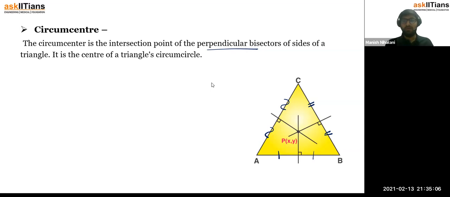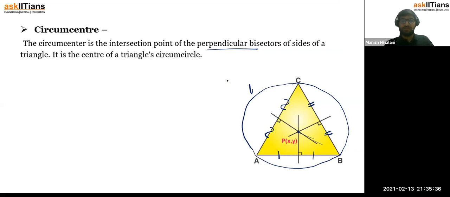There is one beautiful thing about the circumcenter: taking it as the center and the distance to a vertex as the radius, you can draw a circumcircle over the triangle. So the circumcenter is the center of the circumcircle.